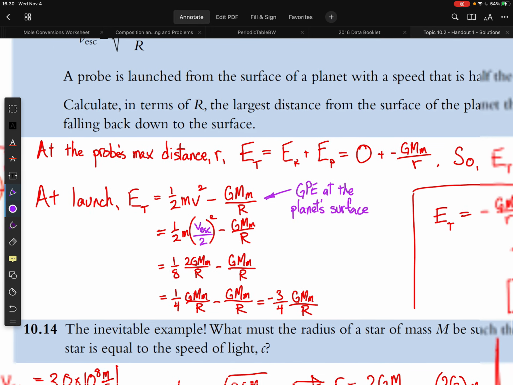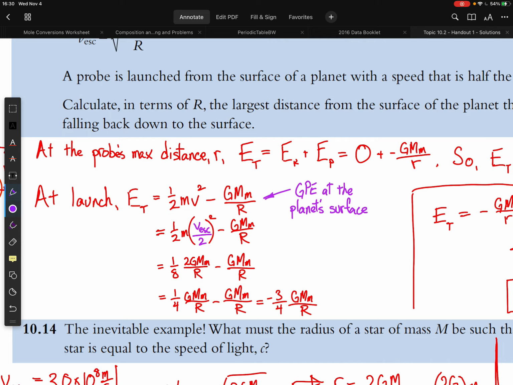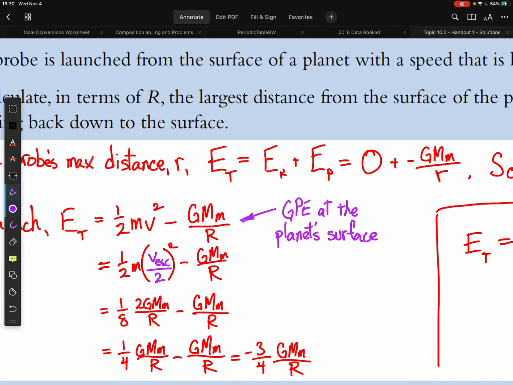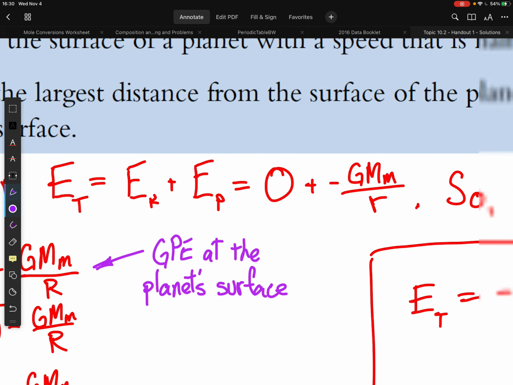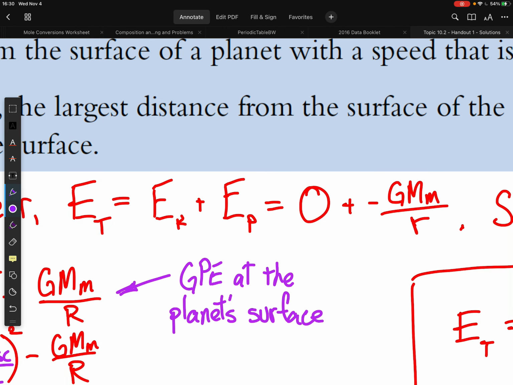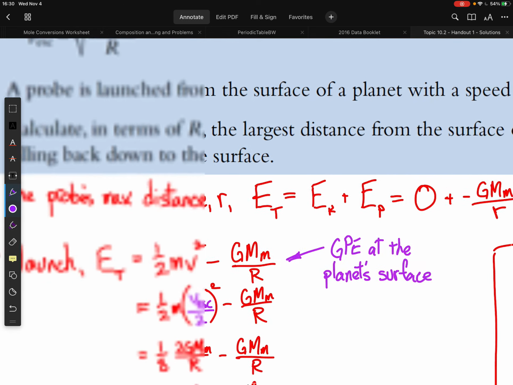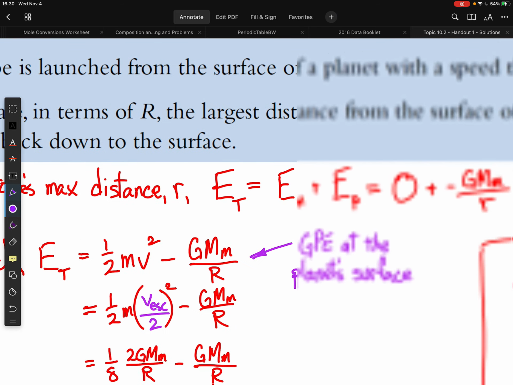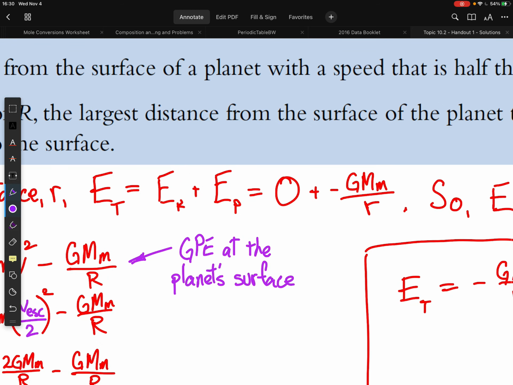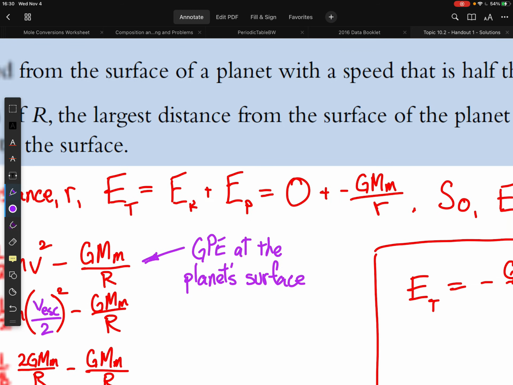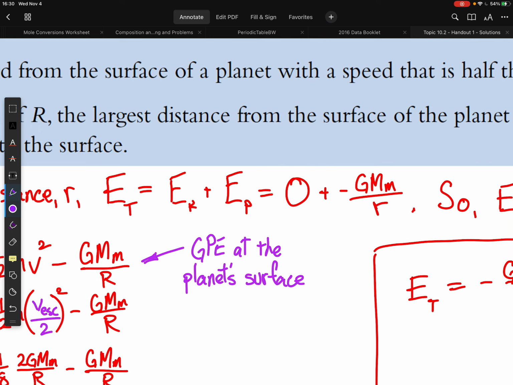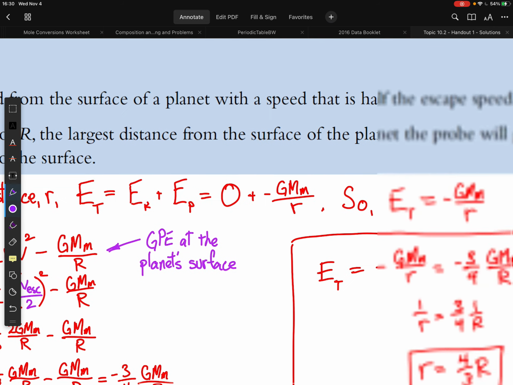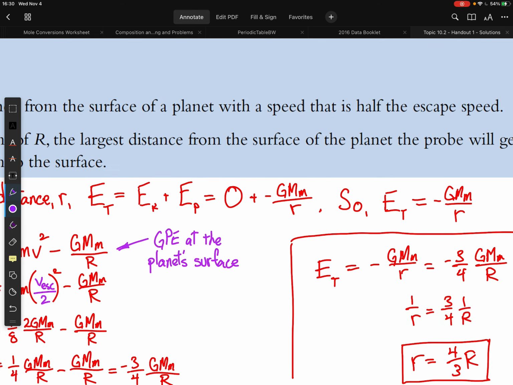Okay, at the probe's maximum distance, our total energy is going to equal kinetic energy plus potential energy, and at the apex of that parabola, our kinetic energy should be 0. I've shown a little bit of horizontal motion here, but we're assuming that it has been launched perfectly vertically. Okay, and that will give us 0 kinetic energy at its apex.